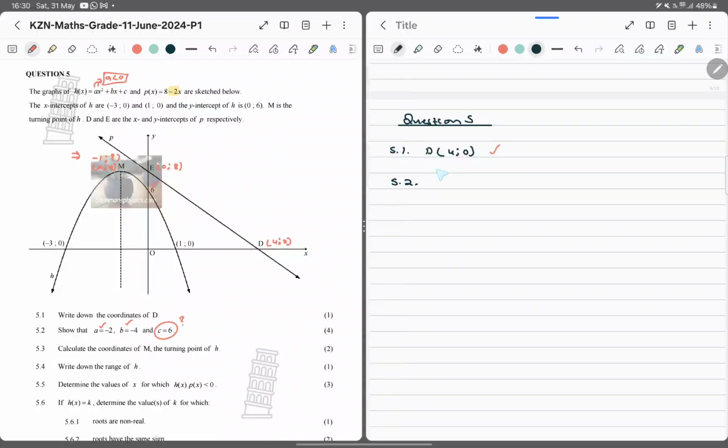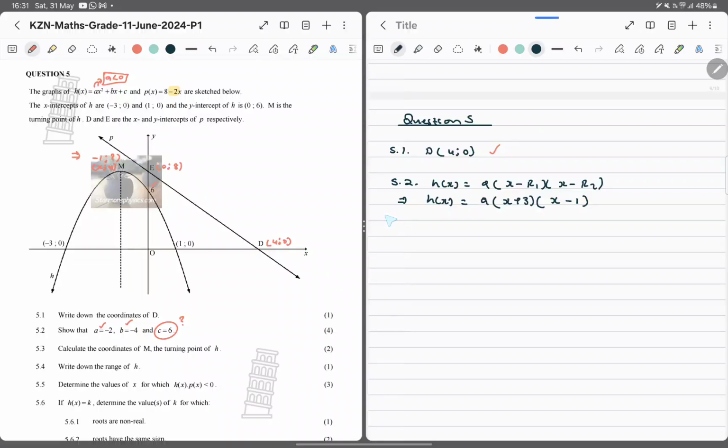So we know that we're going to write this in the intercept form. So we can say h of x is a into x minus the first root into x minus the second root. So this implies that h of x is a into x plus 3 into x minus 1.